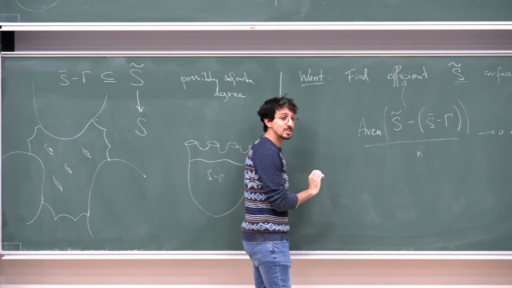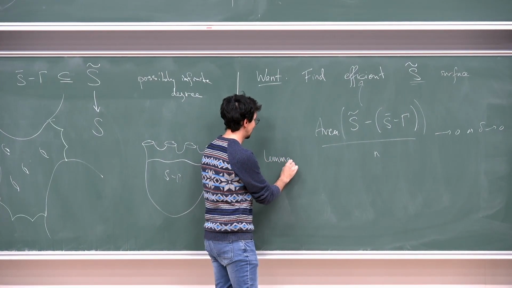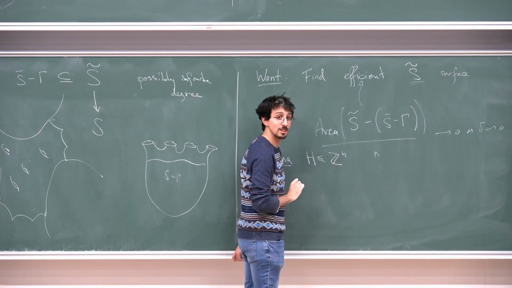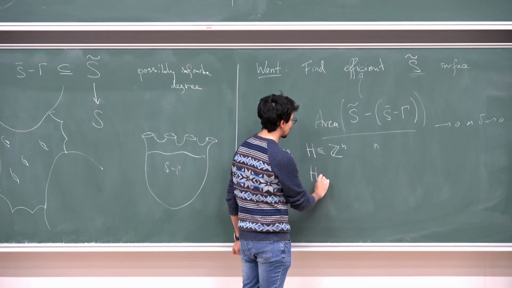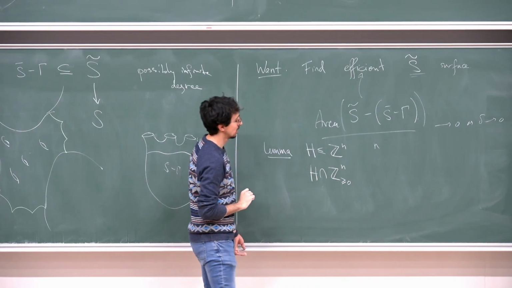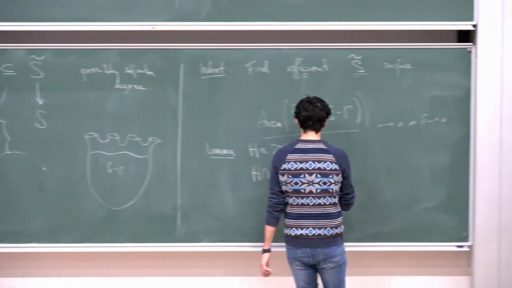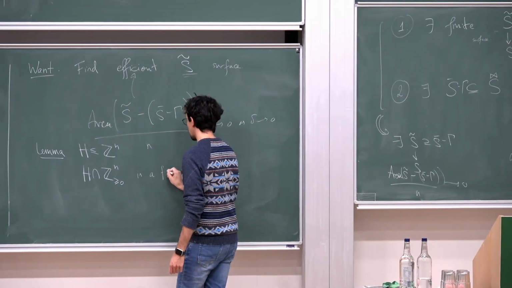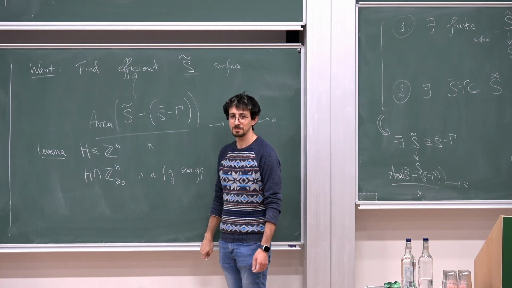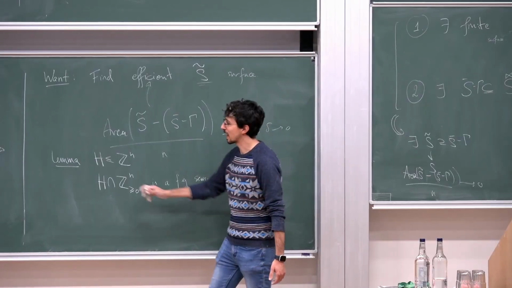Let me just state a very stupid lemma that's used there, which is kind of fun. If H is a subgroup of Z to the N, and you intersect it with the non-negative Z to the N, then this is a finitely generated semigroup. And this is exactly the kind of thing you want here.